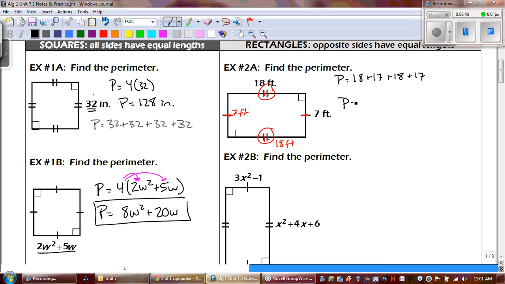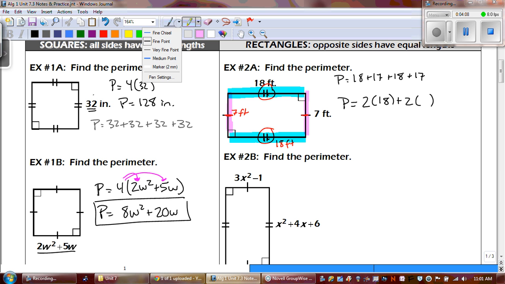Okay? But another way to write this is, well, how many sides of 18 do we have? 2. So we can say 2 times 18 plus 2 times what our other side is. Our other side is 7.